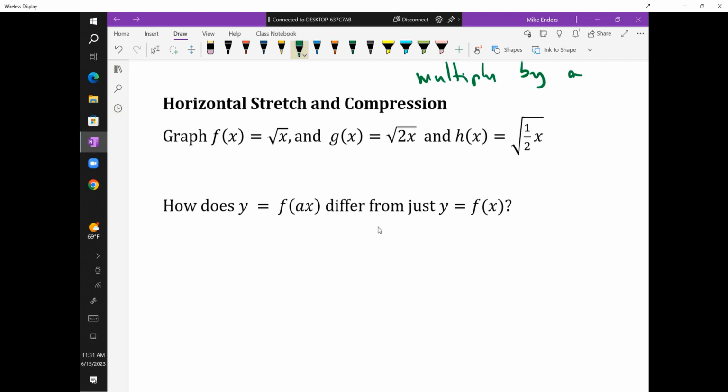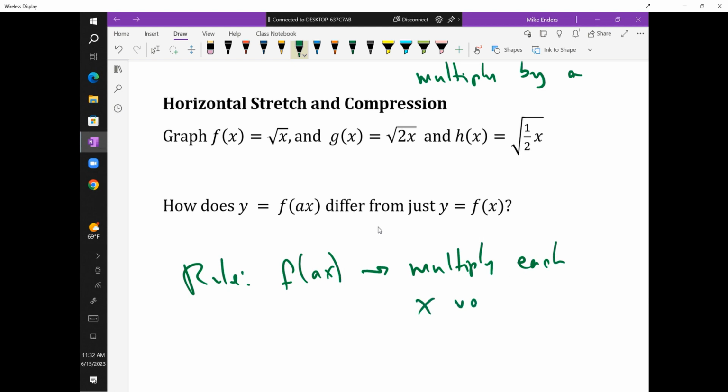What we're going to do as far as our rule here, okay, if we have f of ax, we're going to end up multiplying each x coordinate, or each x value. Now, because these are the x's, we have to think about what are we doing differently? What are we doing strangely? Instead of multiplying by a, we're going to multiply by 1 over a.